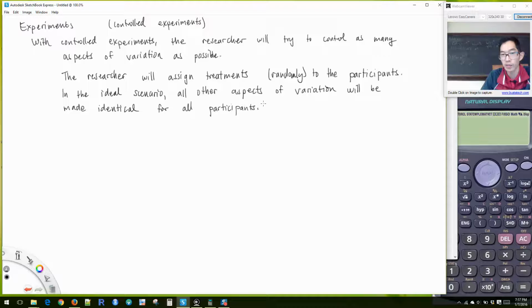Okay, now of course we can't control every aspect of every single person's life, even for those who participate in the experiment, but ideally we could.